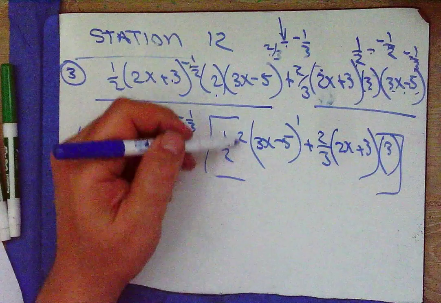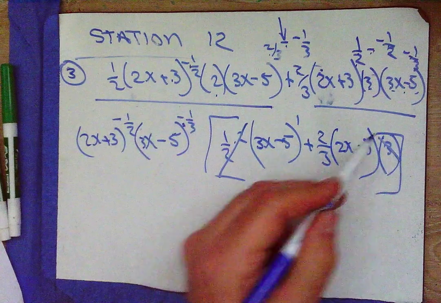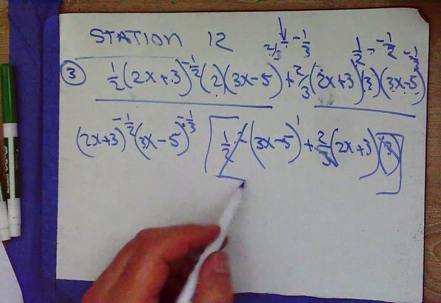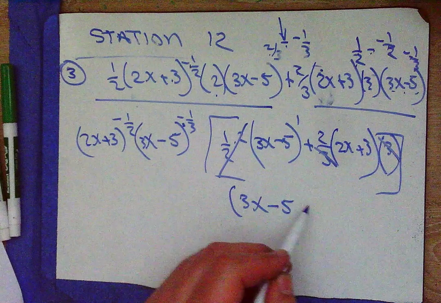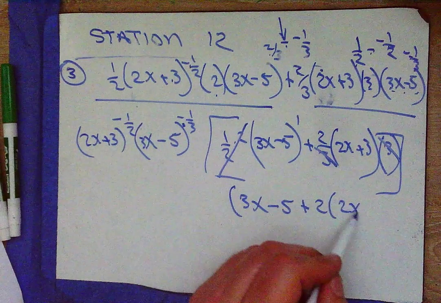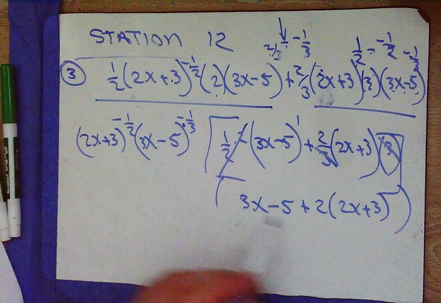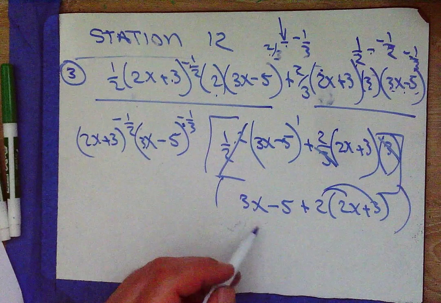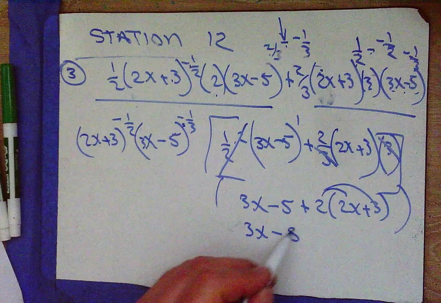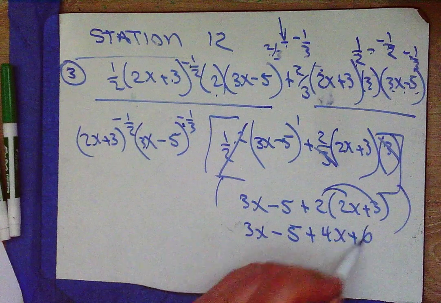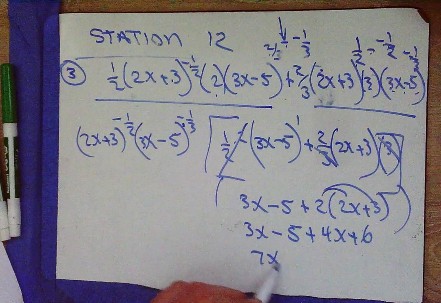Well, 2 times 1/2, that cancels. And this 3 can cancel with this 3. So now I've got 3x minus 5 plus 2 times 2x plus 3. So I still have to distribute and combine like terms. 3x minus 5 plus 4x plus 6, and that's going to give me 7x plus 1.